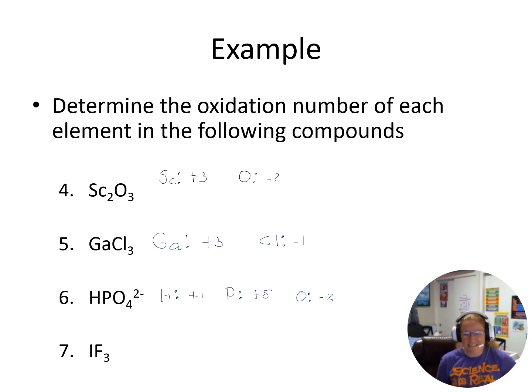So fluorine takes the -1, and since we only have iodine and fluorine in this compound, iodine is going to have to take on a positive oxidation number. When you balance it all out, iodine has an oxidation number of +3, and fluorine has an oxidation number of -1. Okay, so that's how we determine those.